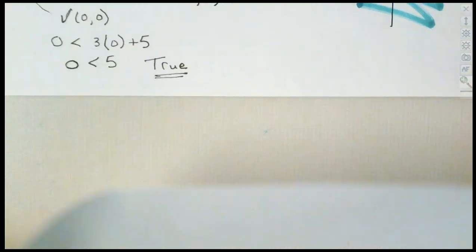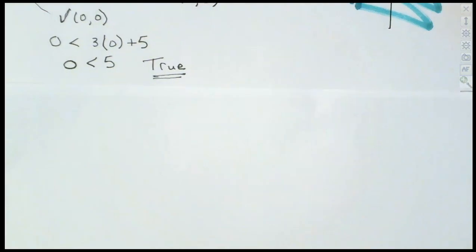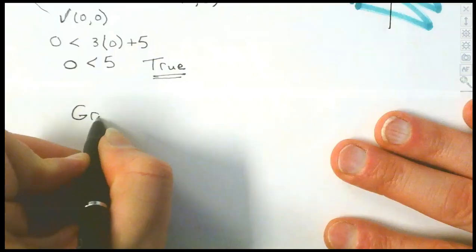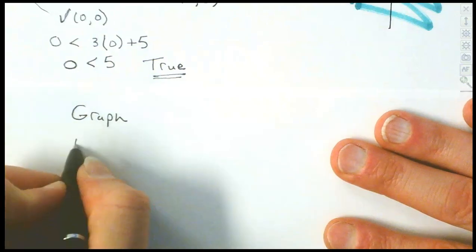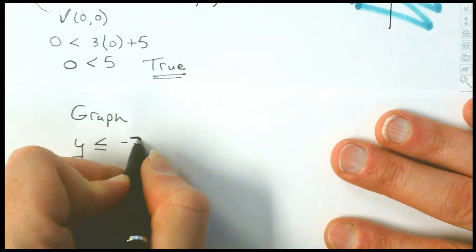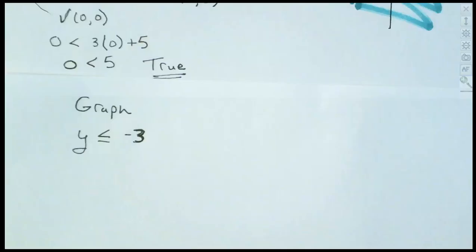Let's try another one. This one I'm going to just give you a y line. So let's try and graph this one. Okay, this is our original inequality. So I like to box it so we don't lose it.